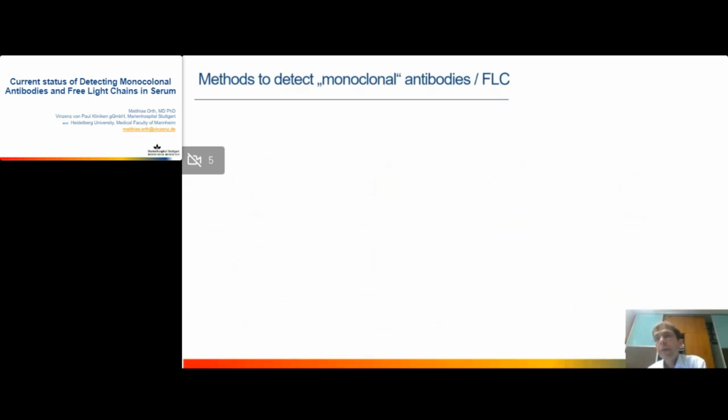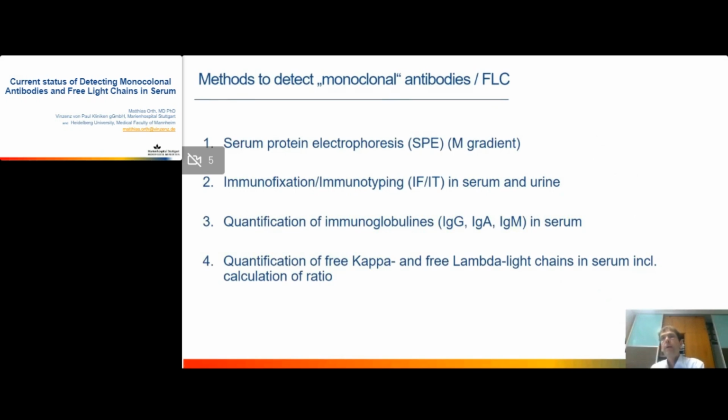What are the methods to detect free light chains or monoclonal antibodies in these patients? The oldest technique is the serum protein electrophoresis, and we are looking for this M gradient, monoclonal gradient. Then we can do some immunofixation, or the newer technique, immunotyping in capillary electrophoresis from serum.